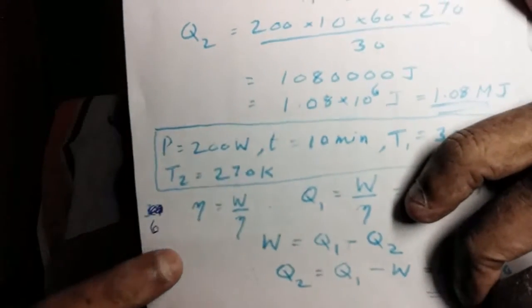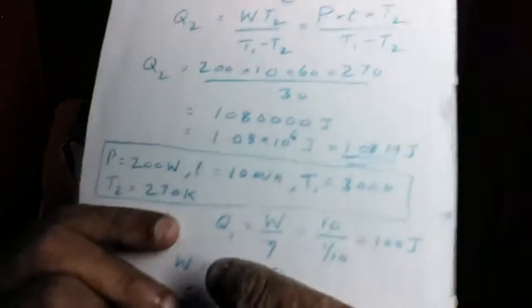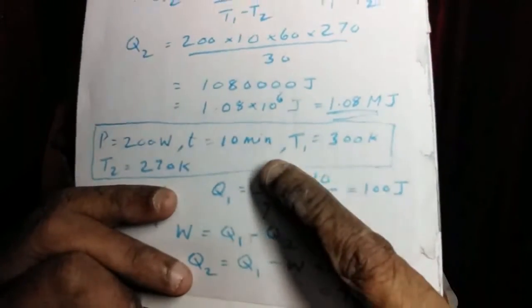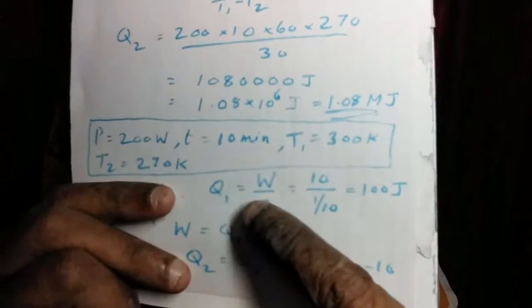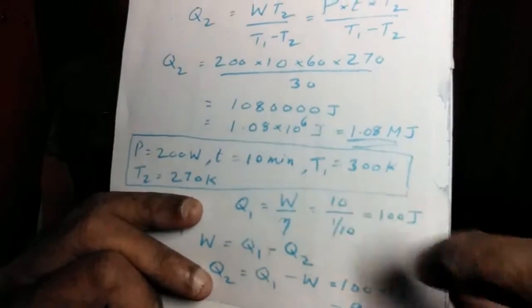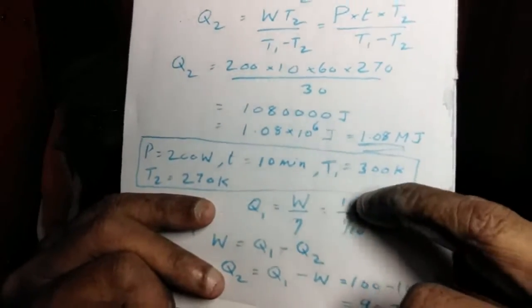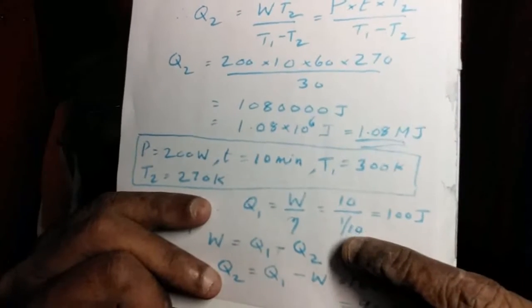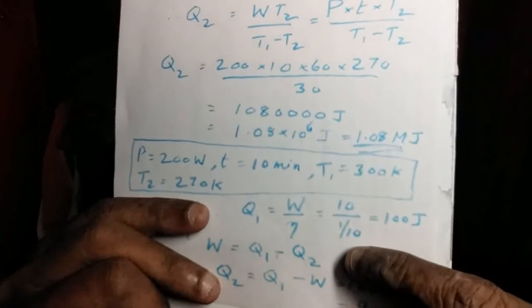Now we know that efficiency eta is W by Q1. So Q1 equals W by eta. W is given to be 10 joule, and efficiency is 1 by 10.